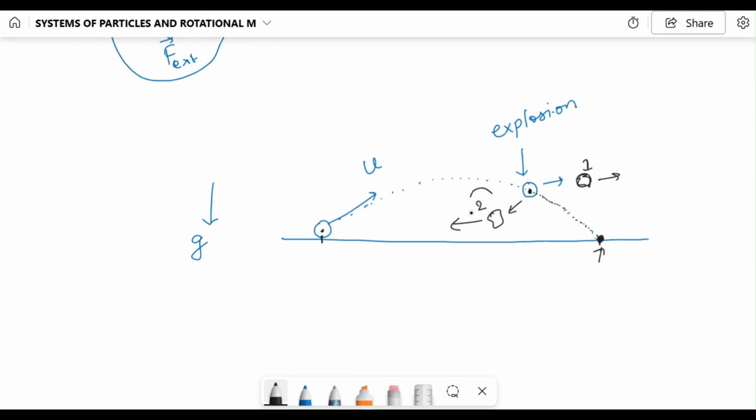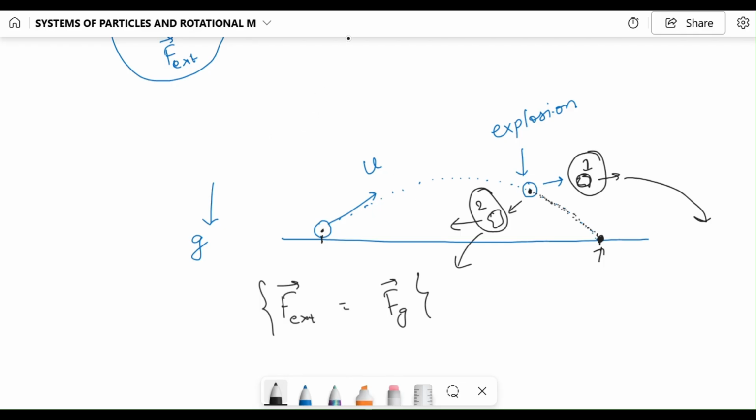And these two particles will move in such a way that they always keep the center of mass on this trajectory. So in this way, because the only external force acting on the center of mass is the gravitational force, the motion of the center of mass will be the motion of a projectile.